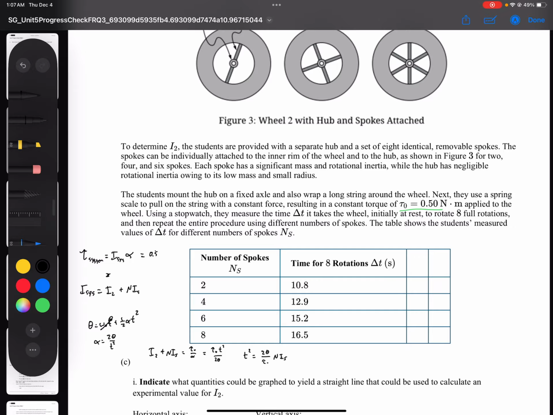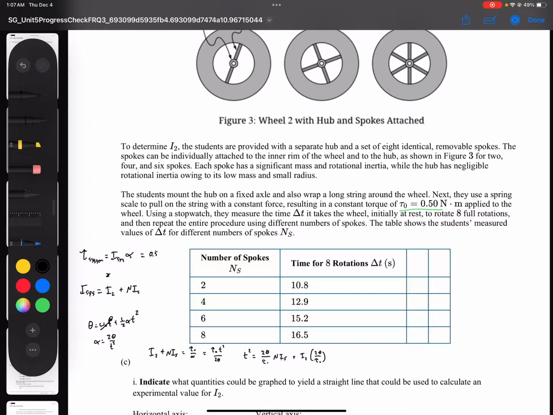Now, we don't necessarily know what the moment of inertia of each spoke is, but we can effectively figure it out by looking at the y-intercept. So this is why it gets complicated, because then we have this term here, which is I2, which is what we care about, but then we still have to worry about this 2 theta over the constant torque. But we know that theta is equal to 8 rotations, which is 16 pi radians.